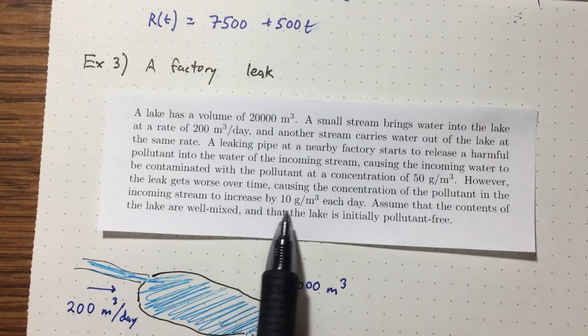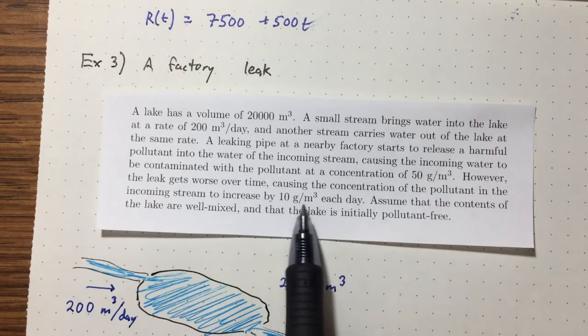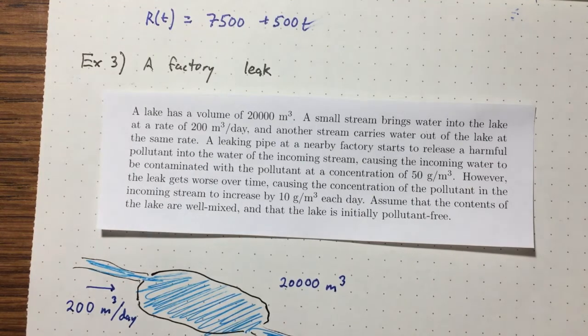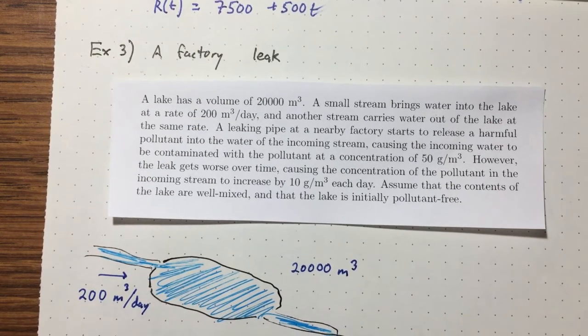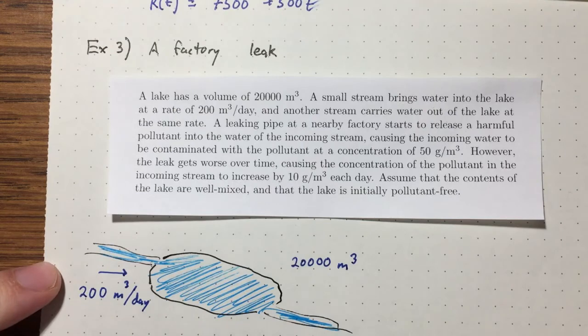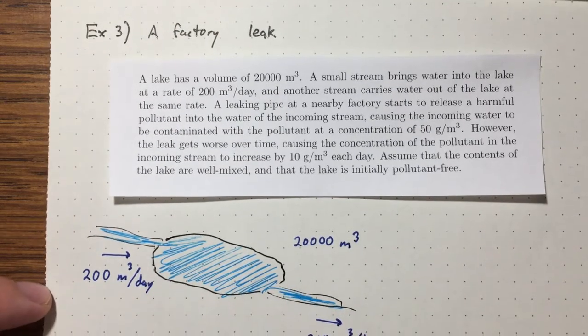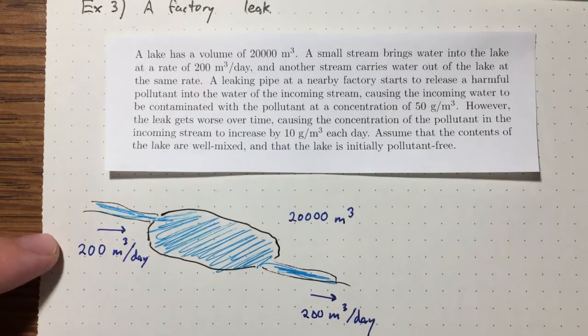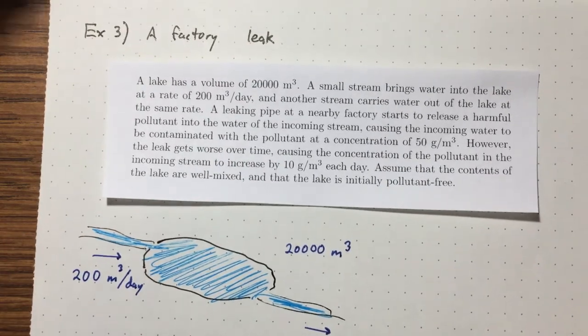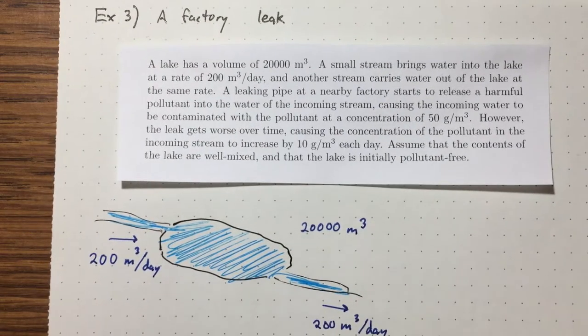So it's actually going to increase that concentration of the pollutant by 10 each day. Okay. So first it'll be 50, then it'll be 60 the next day, then 70. So you have to write a little function for the concentration of the pollutant. Okay, and you're going to assume that everything's mixed and there's no pollutant initially. Right? That's what that last bit is saying.